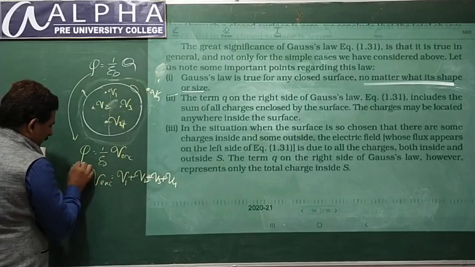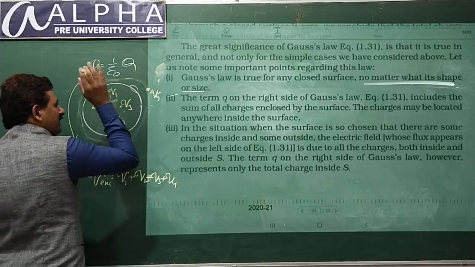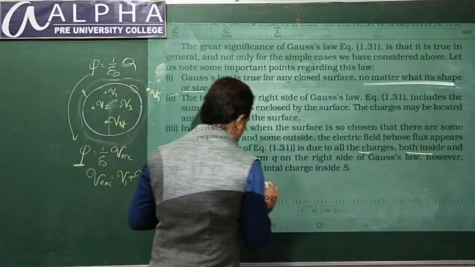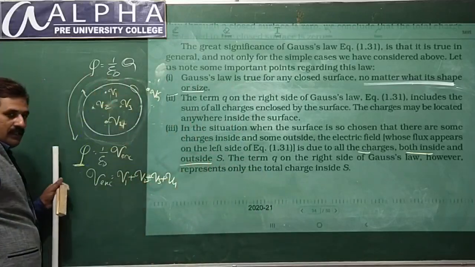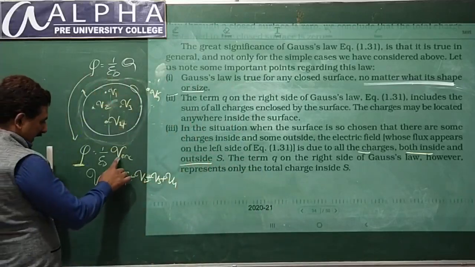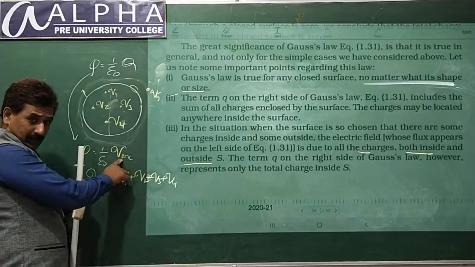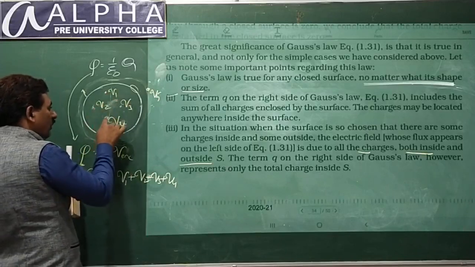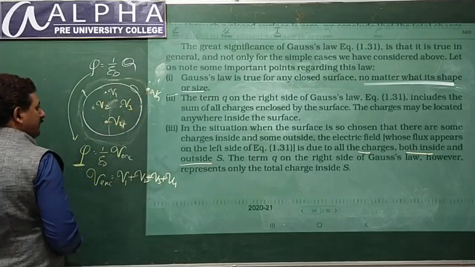So left side expression is total flux due to charges inside, charges outside. Flux due to all the charges. But the right side term, total charge expression, should contain only charges inside the surface. Only inside charges must be considered. Outside must not be considered.